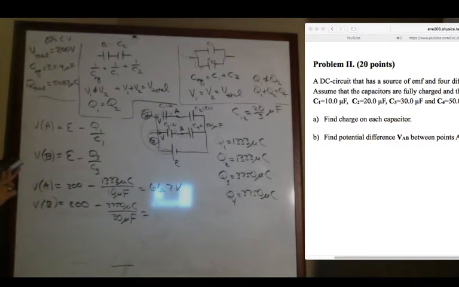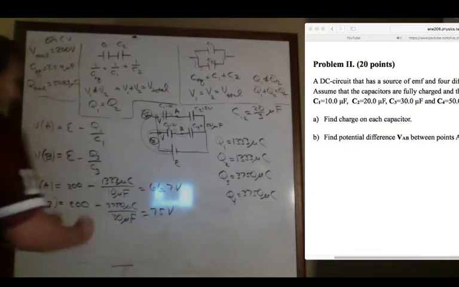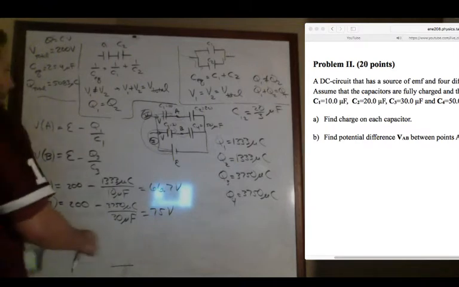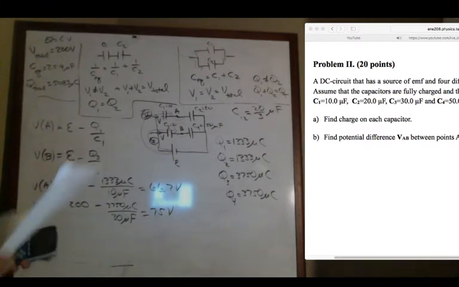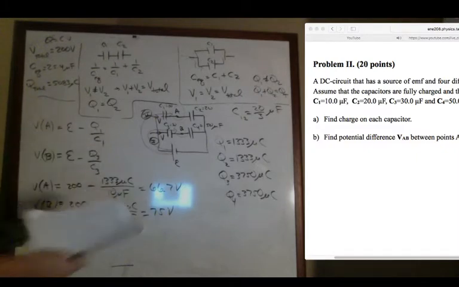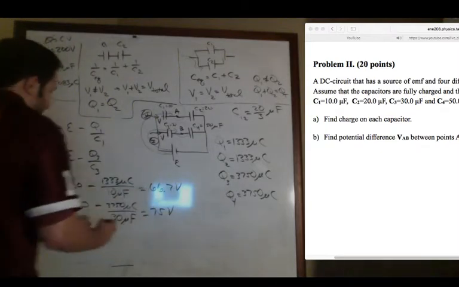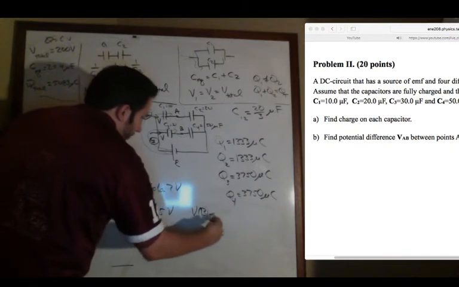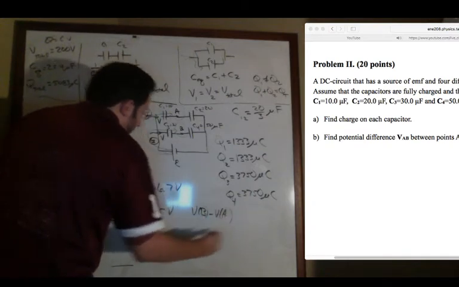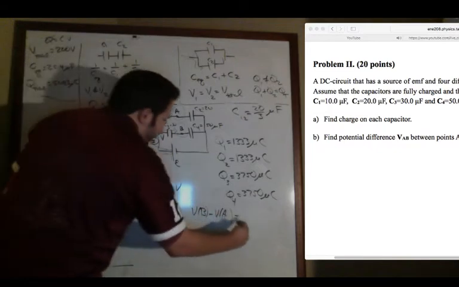And so it's going to be 75 volts. And so if I want to find the potential difference, it just says exactly what's the potential difference between points A and B. It doesn't matter if you do VB minus VA or VA minus VB. You're just looking for the difference. And so VB minus VA, this is just going to be 8.9.